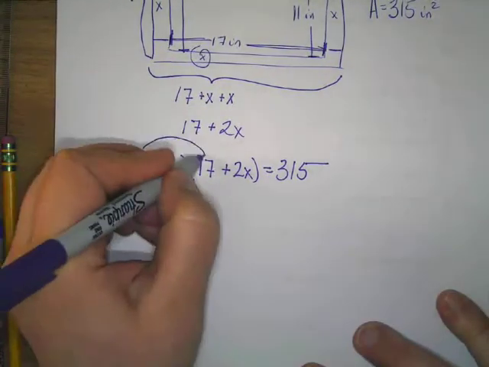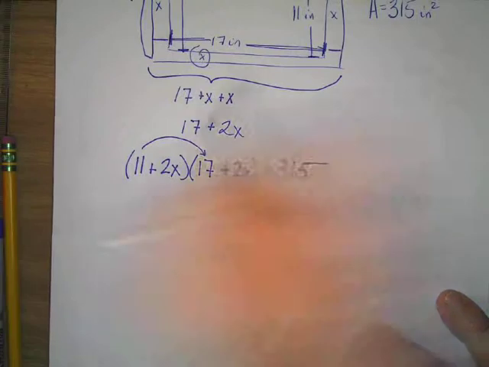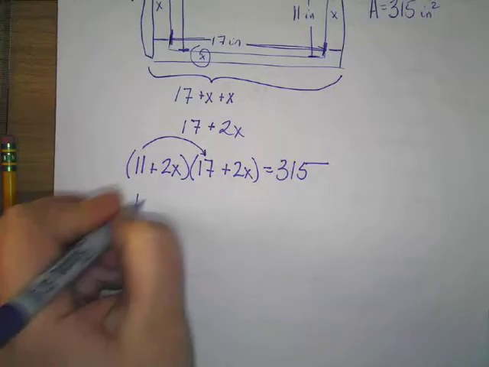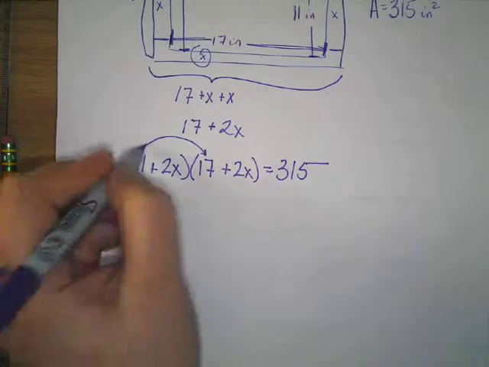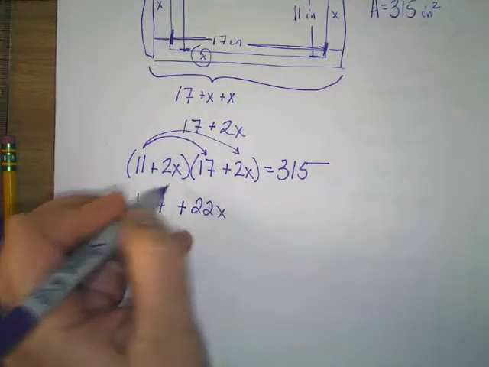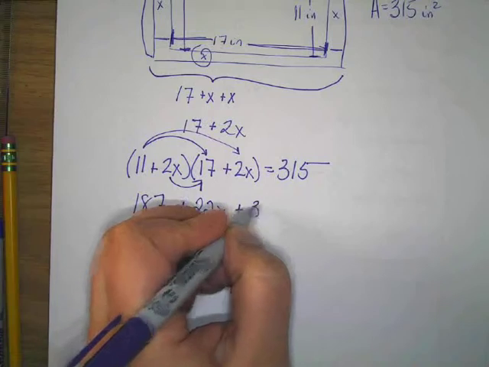So what's 11 times 17? I don't know. I'll get a calculator out. 187. Is it? Cool. And then 11 times 2x? And then 2x times 17? 34x.